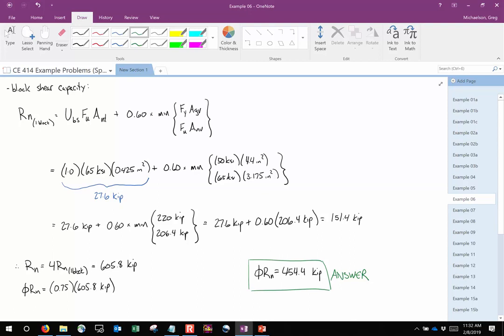Yes? Is there something that'll tell you, if you look at the whole layout? That's a good question. So the question was, is there a way you can look at the connection and see whether block shear is going to govern? The short answer is no, but there are some hints where you can see whether it's going to be a big deal.